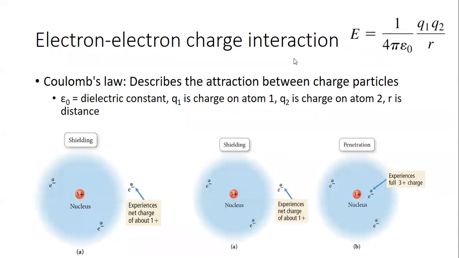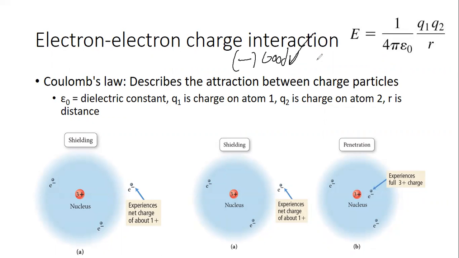All right. So going back to what I was saying, Coulomb's law allows us to determine the energy of interaction between charged particles. Now, in general, in chemistry, biochemistry, any hard science, negative energy is usually a good thing.